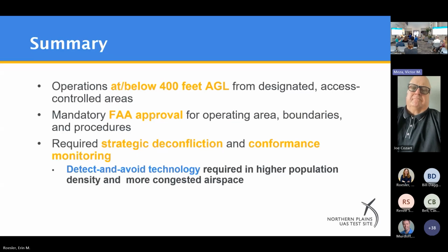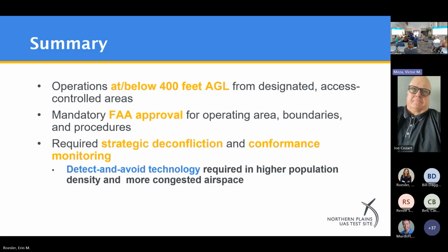In 107, we see that 400 feet is a waiverable regulation, so a lot of operations have gotten waivers in 107 above 400 feet. In the proposed rule set that is 108, there is not yet a list of regulations that are subject to waiver. A lot of times we see that in the final rule, but this one could be one that is maybe waiverable, or altitudes above 400 feet might be allowed.